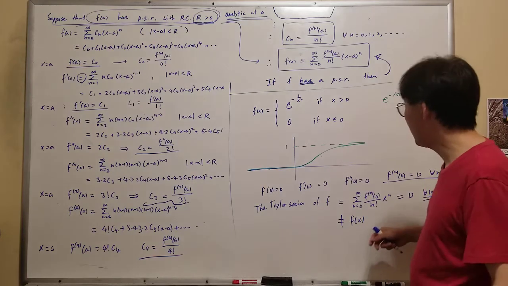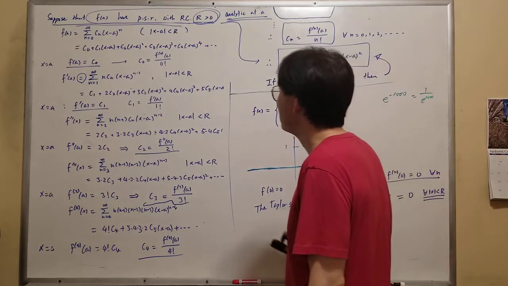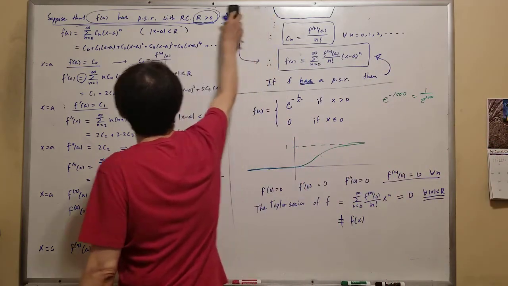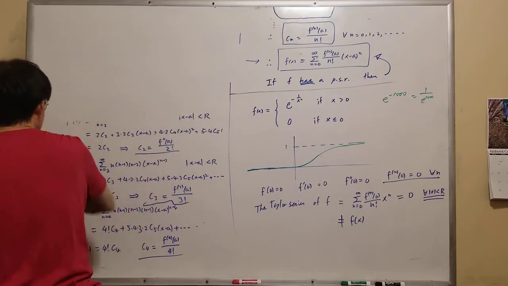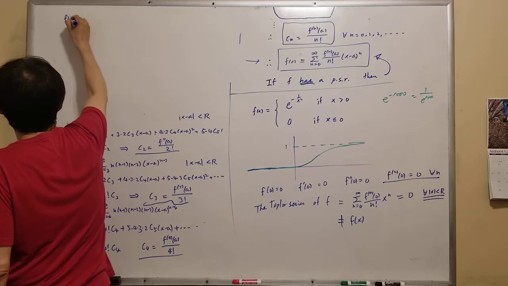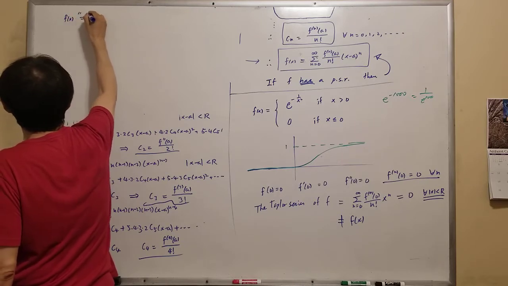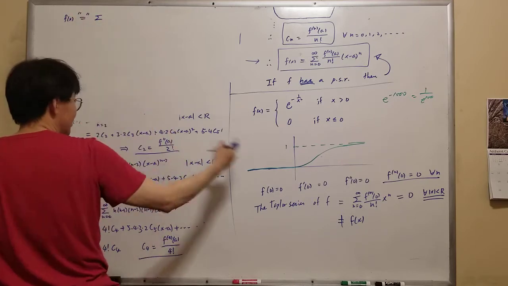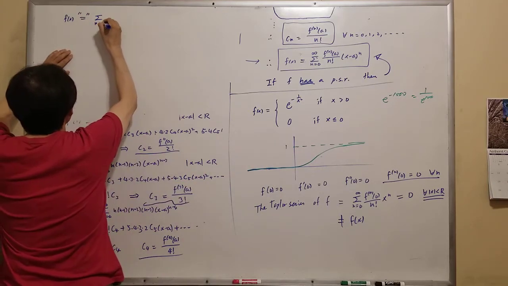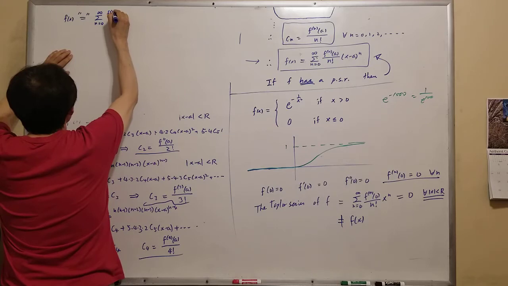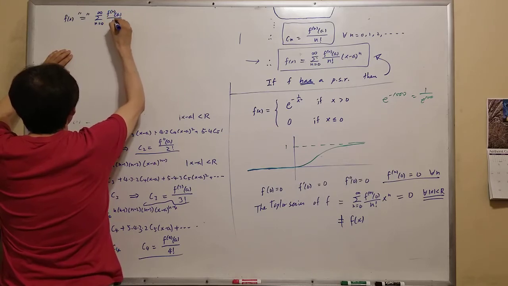Now, if a equals 0, your Taylor series, I'm going to write the Taylor series over here again. Question mark, the quotation mark, because some functions are actually not equal to this. So, the nth order derivative of a over n factorial.